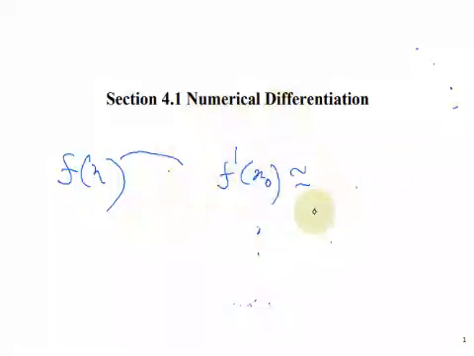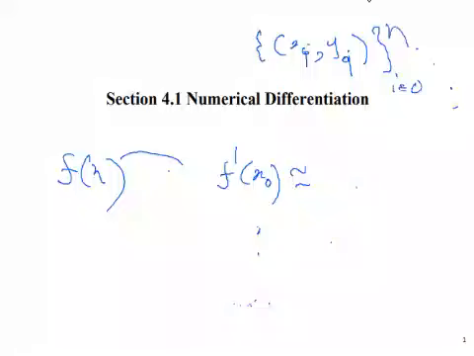Or you can say you perform an experiment, and you come up with this kind of discrete data set. Say you have n plus 1 data points.